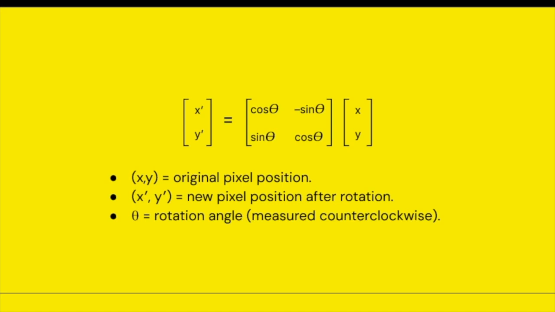And when we're multiplying our pixel position, our coordinate vectors, by the rotation matrix, we need to keep in mind the rules of matrix multiplication, making sure the columns of the initial vector match up with the rows of our new vector.